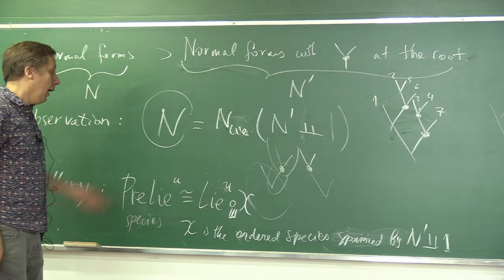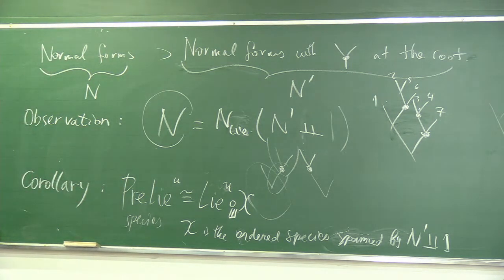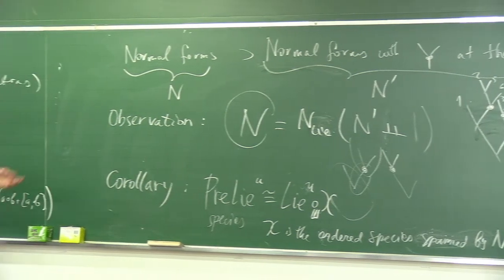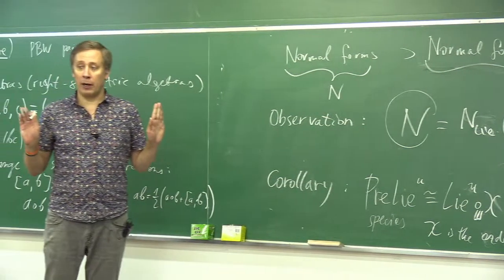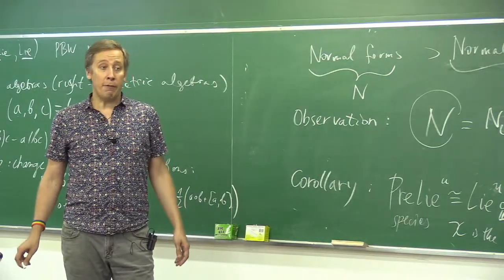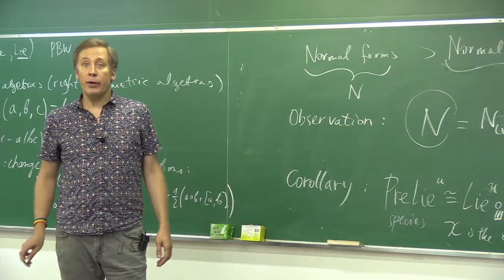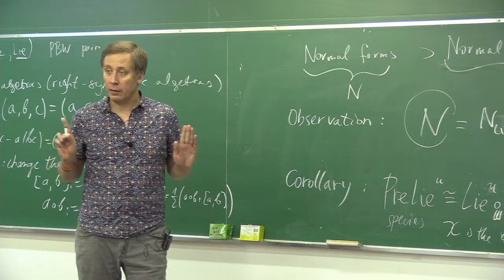Which, if you think of it for a second, means that in the world of shuffle operads, at least, the shuffle operad pre-Lie is free as a left Lie module.